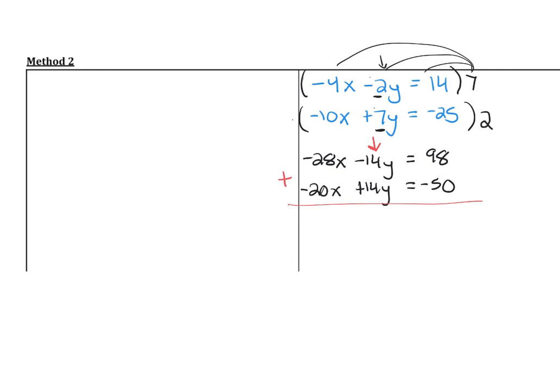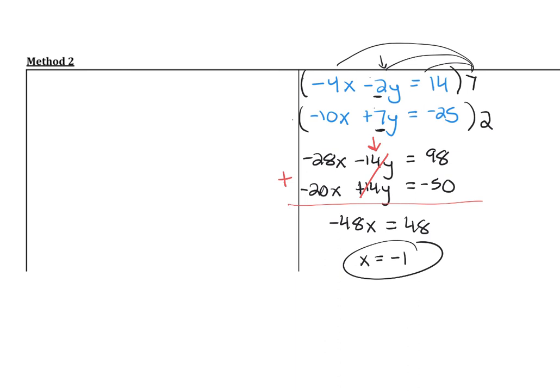Now I can add, and they will eliminate. So negative 28 plus negative 20 is negative 48x. 98 plus negative 50 is 48. So x equals negative 1.